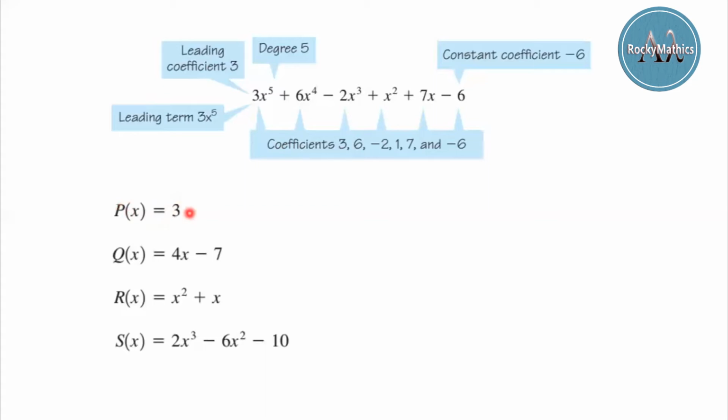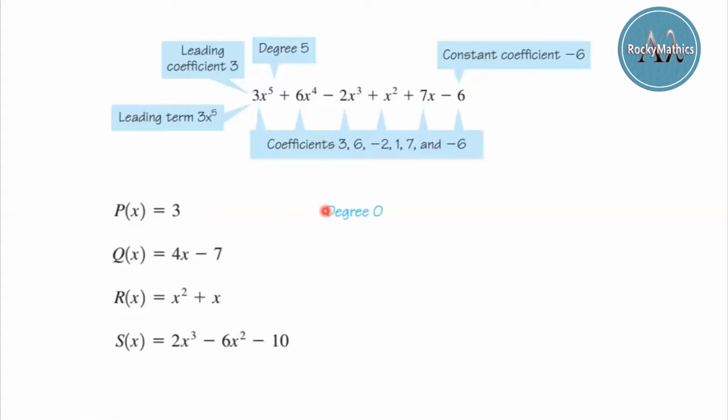Now, what do you think is the degree of this constant function? Is it 1? Is it 0? Is it 2 or what? The degree of this constant function is what? What do you think?